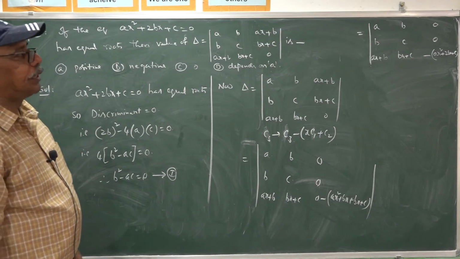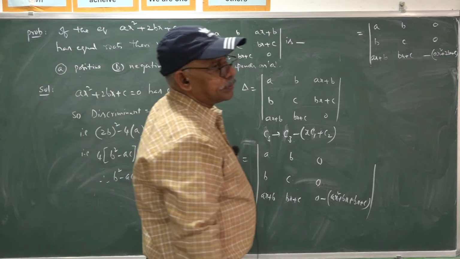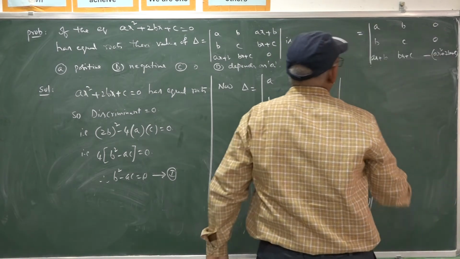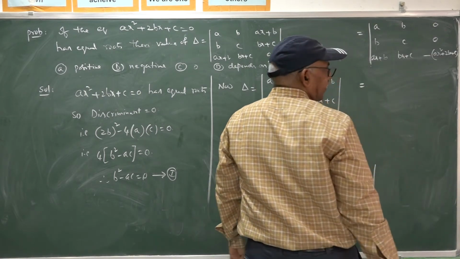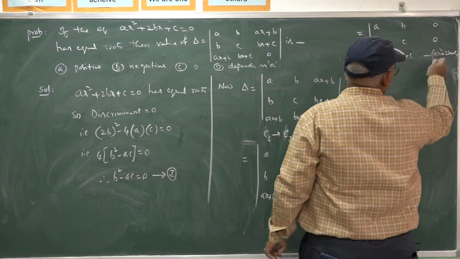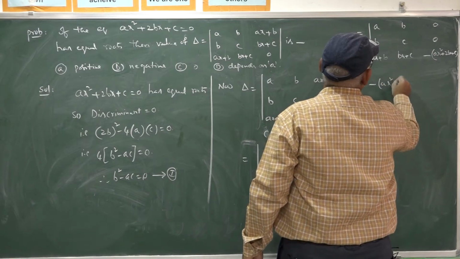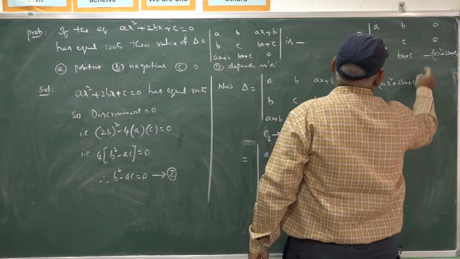Now evaluate the determinant about the third column. Evaluating the determinant about third column, plus, minus, again plus. So minus of Ax square plus 2bx plus c.